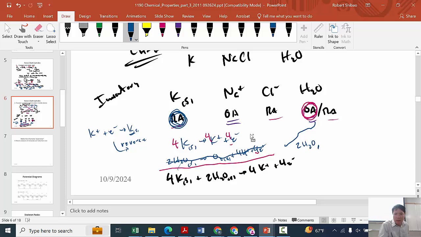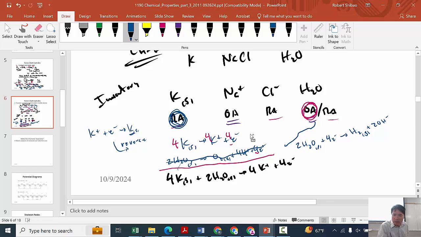2H2O. And who's taking the electrons? The hydrogens are taking the electrons. So 2H2O plus 4 electrons. Recall that's 4 hydrogens. This is going to yield H2 gas plus 2 hydroxides. Oh, I think I screwed up this.